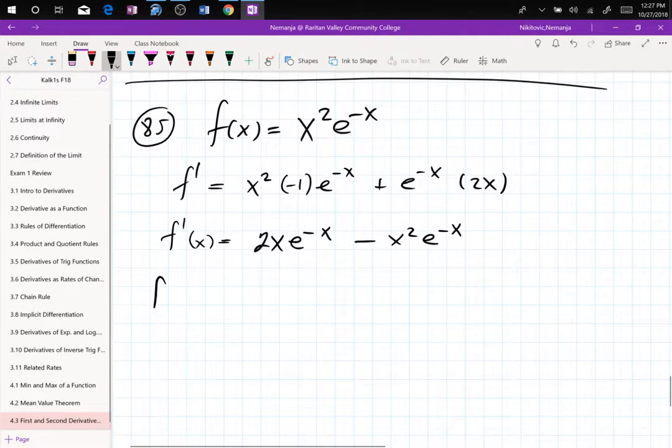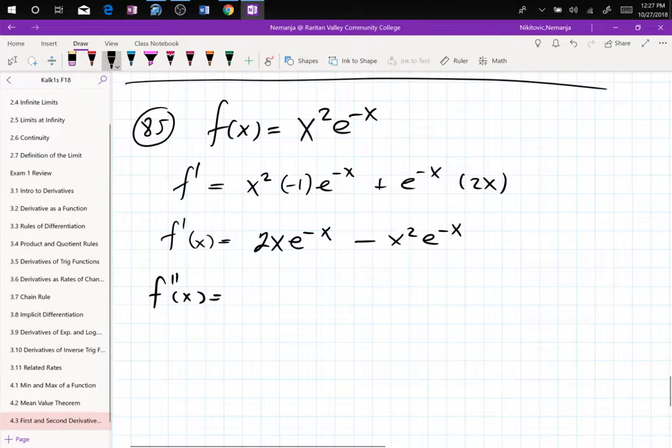Because now I have to do the second derivative, and I have to do this again, right? Two product rules now. If you factor this, you get a triple product rule because it's x e to the negative x.